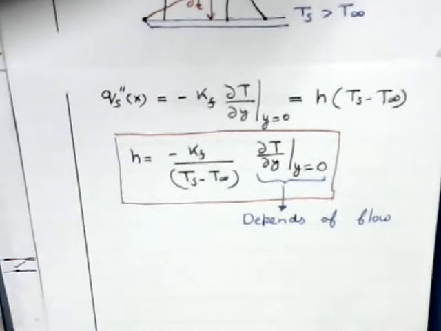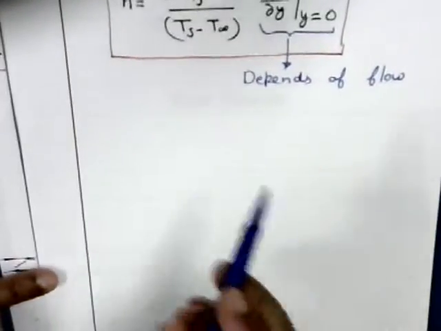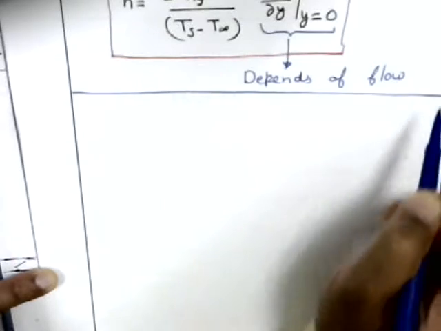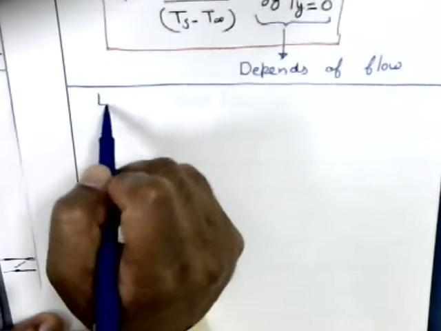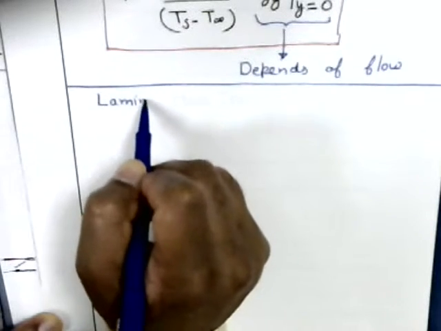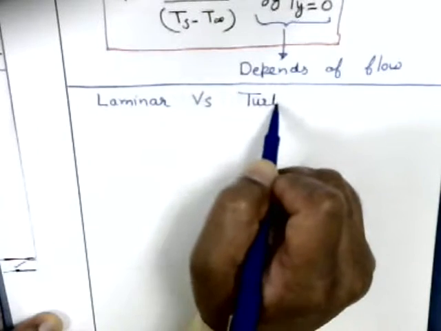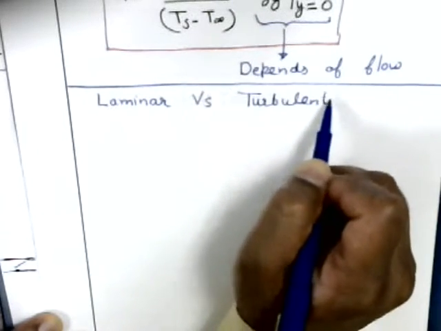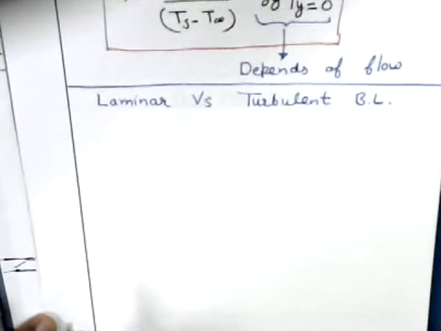Now within the boundary layer, an important distinction is between laminar and turbulent boundary layer. Let us talk about that. Laminar versus turbulent boundary layer.